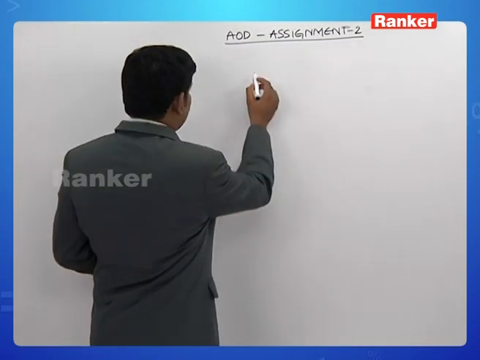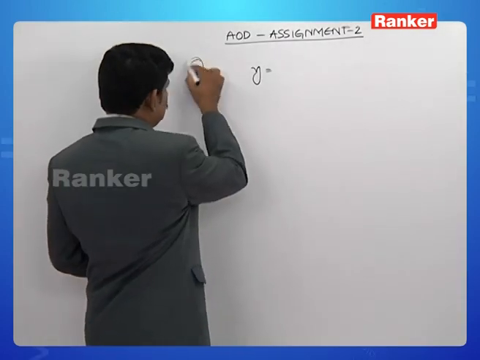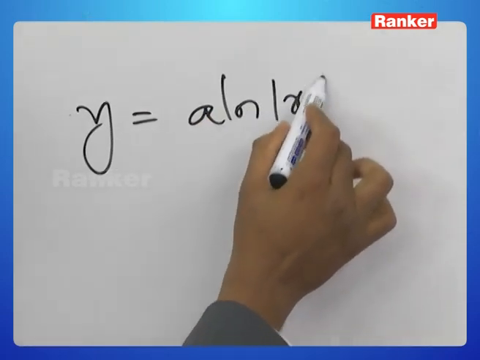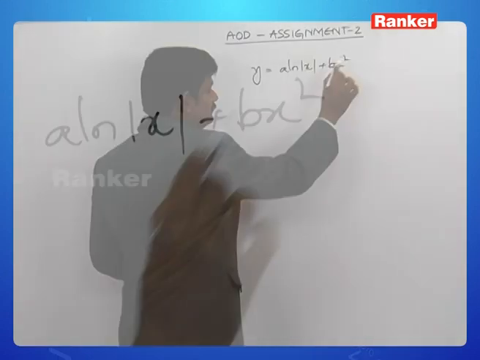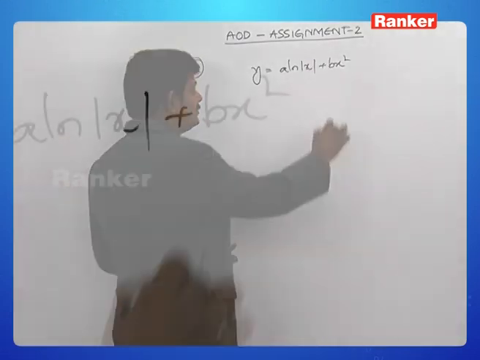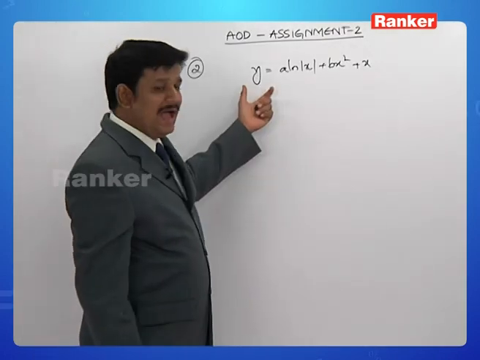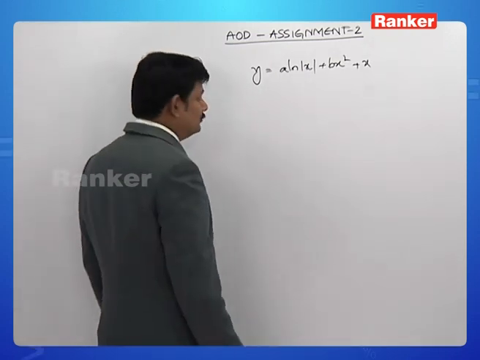We have y is equal to a log mod x plus b x square plus x. It is given that this function has its extremum values at x equal to minus 1 and x equal to 2.